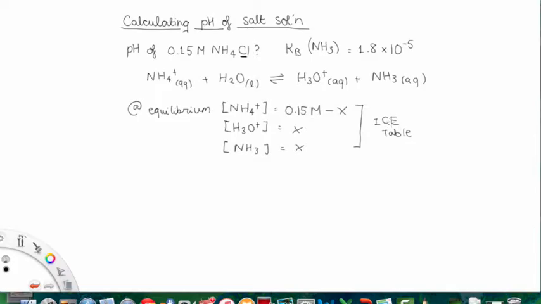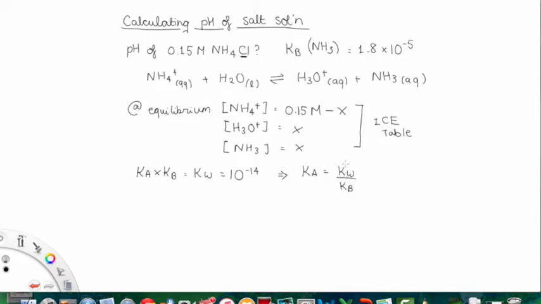So let's remember all the equations that we looked at before. The Ka multiplied by Kb is Kw, and this is 10 to the power of -14. So we can also rearrange this to get Ka is Kw over Kb.